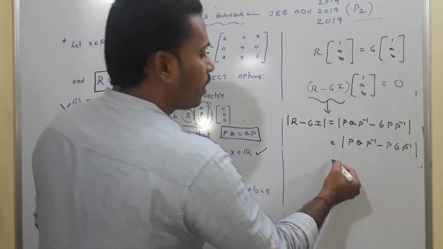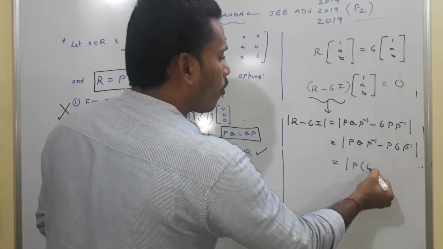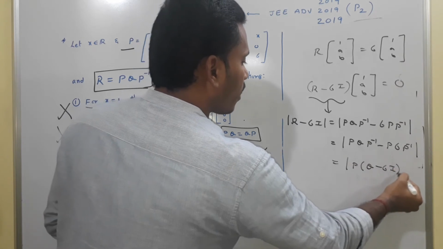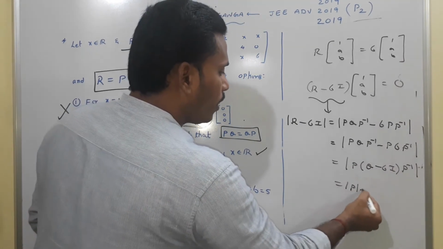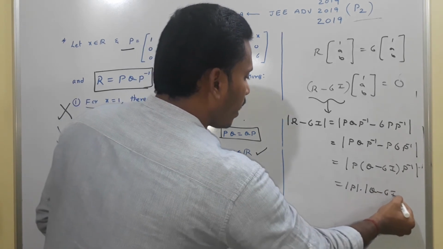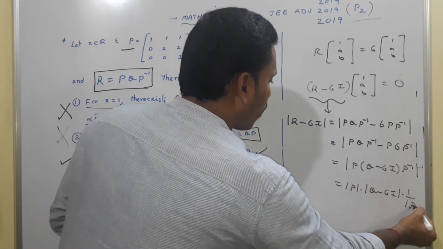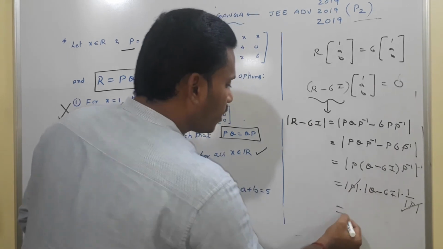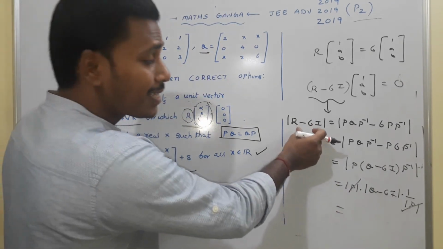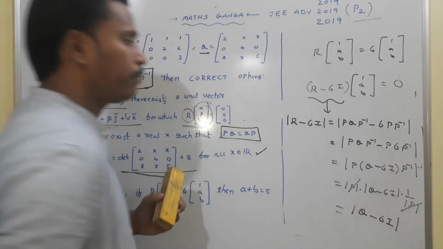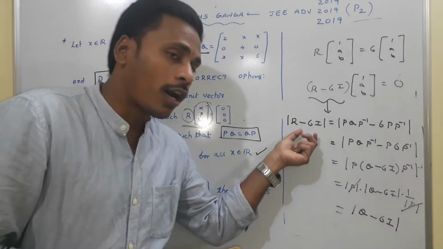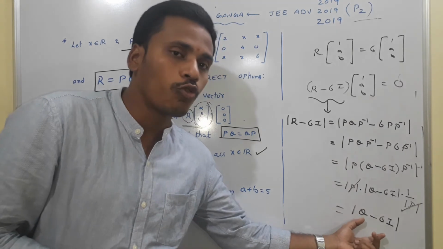Okay, and we will write it like this: determinant of P (Q minus 6I) P inverse. From this, determinant of P into determinant of Q minus 6I into 1 by determinant of P, these two will get cancelled, and the determinant of R minus 6I is equal to determinant of Q minus 6I. Determinant of R minus 6I is nothing but determinant of Q minus 6I.